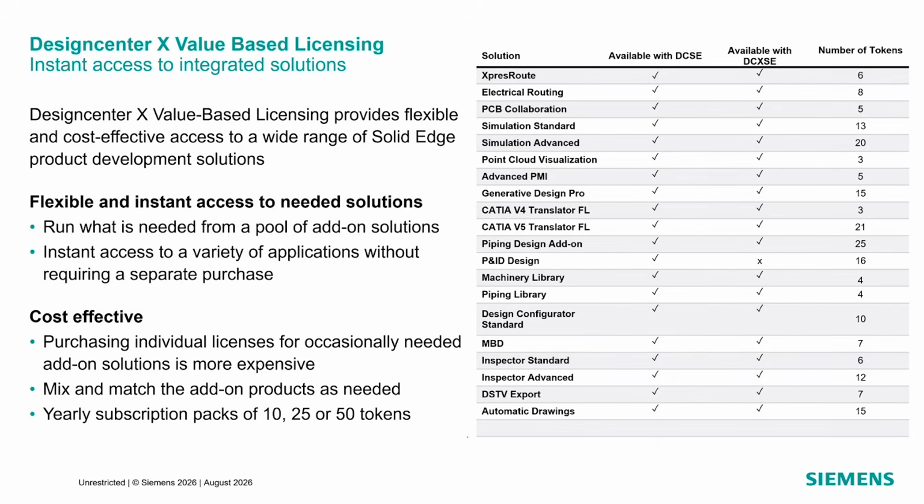Now, as I mentioned earlier, all the flavors of Designcenter X Solid Edge will have access to the basic version, which is a limited version with very few model actions and so on. So you can get started with that right now if you wanted to. But to get the standard version, you can use the VBL with 10 tokens to get access to that.